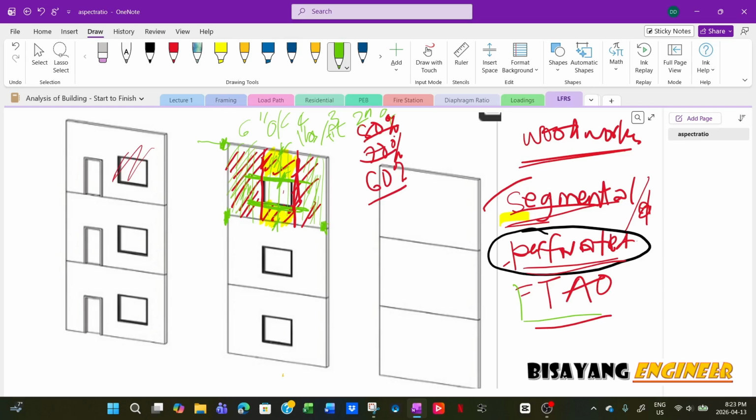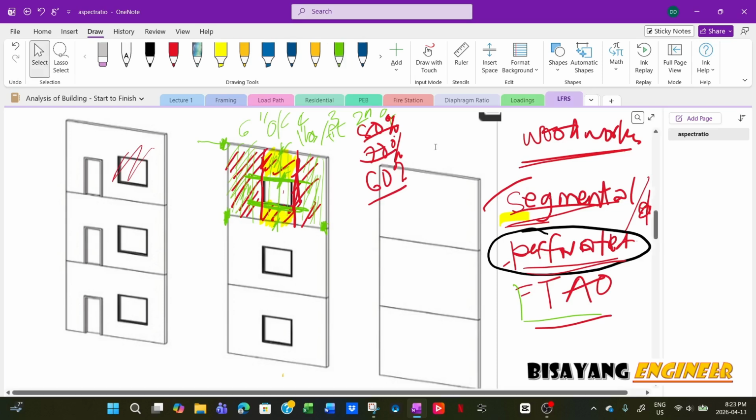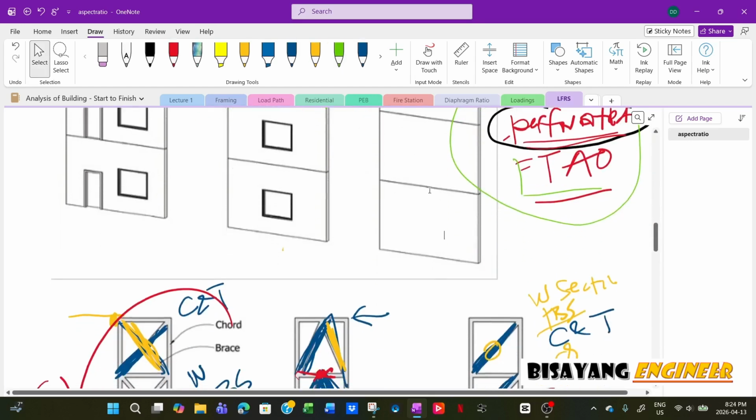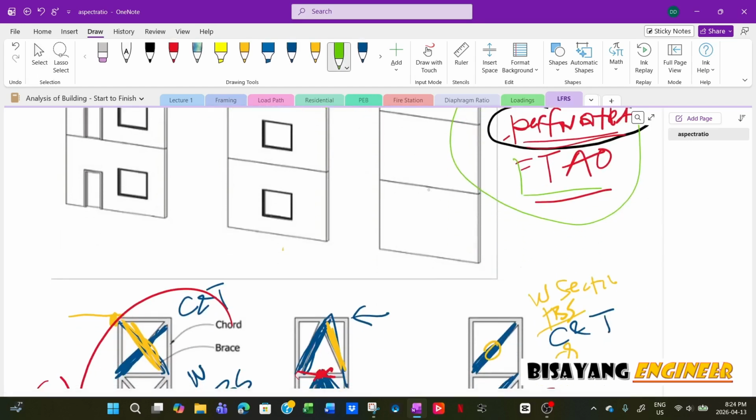So that's the force transfer around opening, and then you analyze this strap to transfer that load, because this area here will be subjected to compression and tension. Now, if you really want to learn about this, you can search that in YouTube. Wood shear wall.